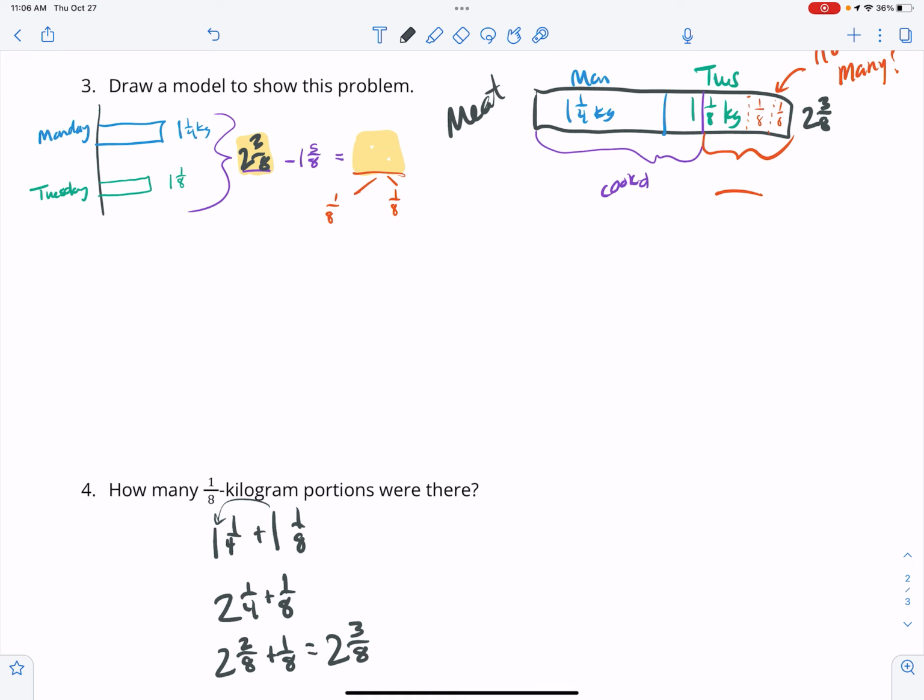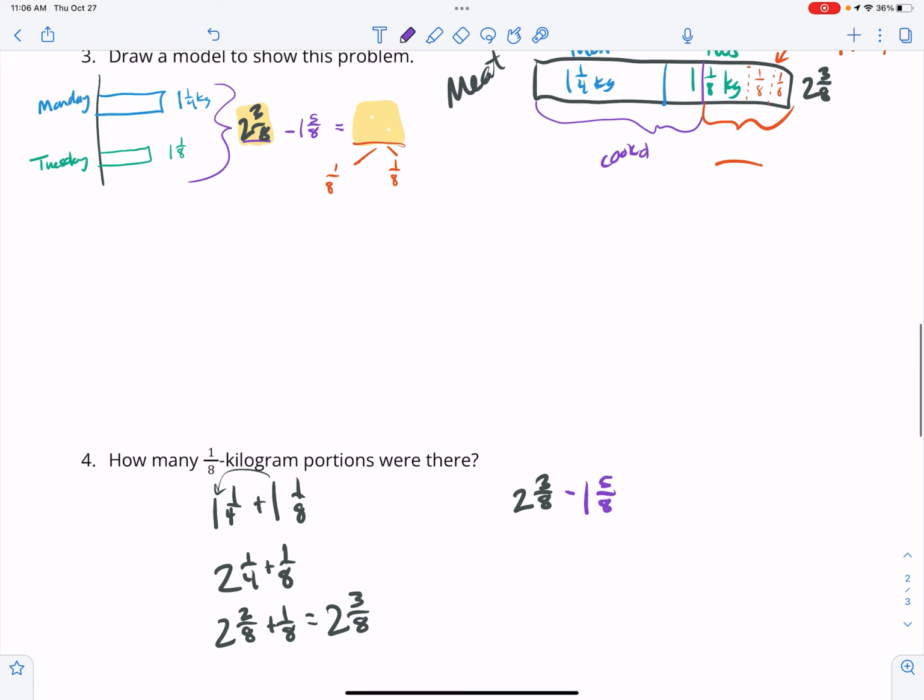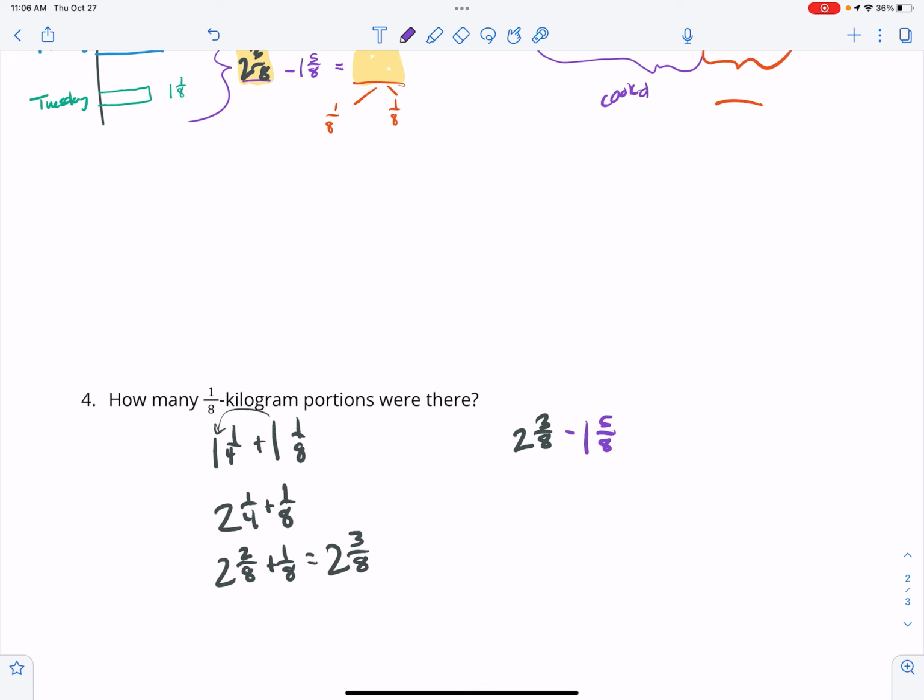And now, next step, he cooked a portion of that. So we have 2 3/8, cooking a portion, 1 5/8 kilograms. Now we have to subtract. So I'm going to subtract my whole numbers. 2 minus 1 is 1. So I'm left with 1 3/8 minus 5/8. I'm sorry for those lines. I don't know why they happen. I know this 5/8 is really a 3/8 and a 2/8.